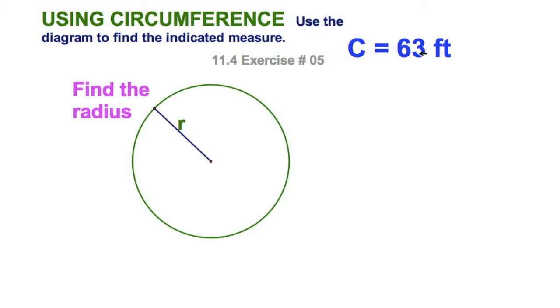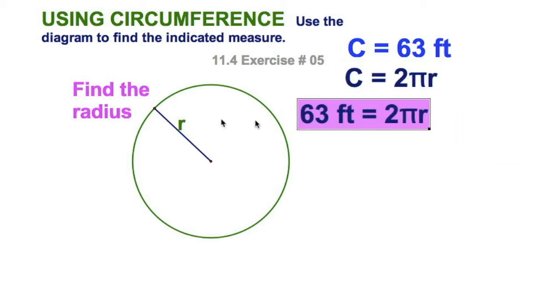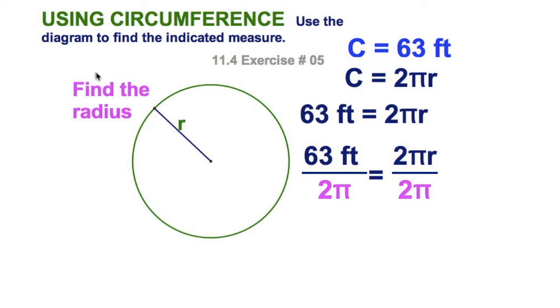Find the radius. I know the circumference. Circumference is 2 pi r, so I'm going to set the circumference, the known, 63 feet, equal to 2 pi r, and I'll even throw in some dimensional analysis for you. Let's divide both sides of the equation by 2 pi, so we divide out those nicely.